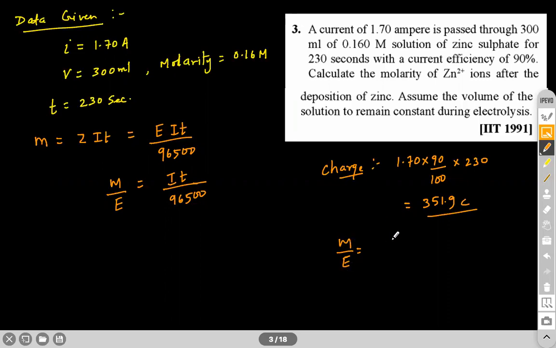For zinc metal, we can write atomic mass divided by E, the n factor, so moles into n factor.